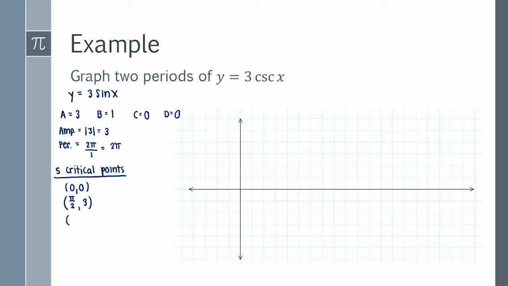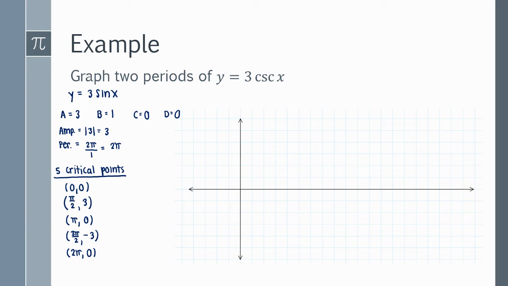Then I want half of my period. Half of 2 pi is pi, and then I'm back at 0. Then I want 3/4 of 2 pi, which would be 3 pi over 2. That is the opposite of A. And then finally, we have the full period of 2 pi, and we're back to 0.